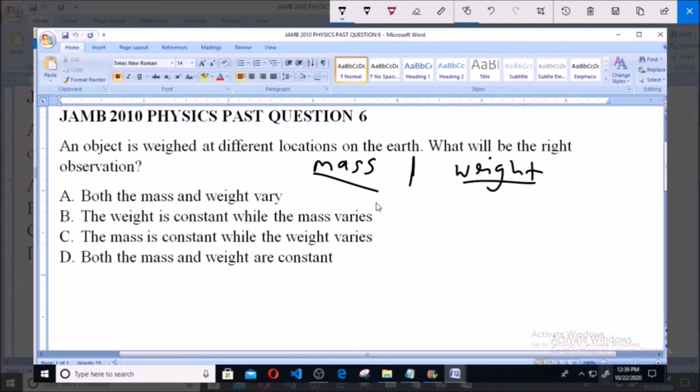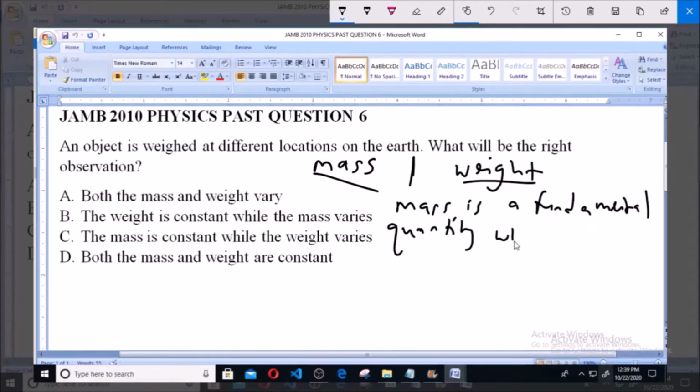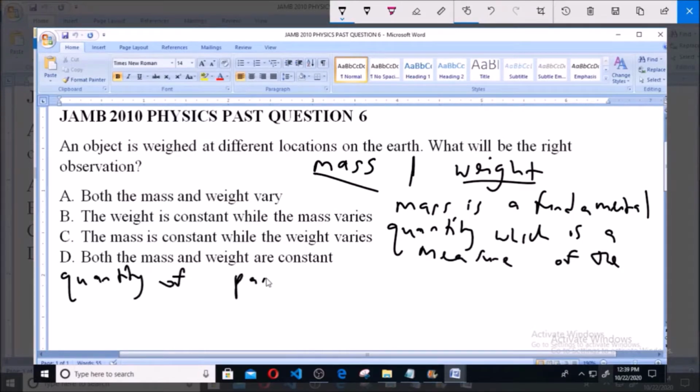Mass is a fundamental quantity which is a measure or a function of the quantity of particles or quantity of matter. You can say the amount of particles or quantity of matter in a body.